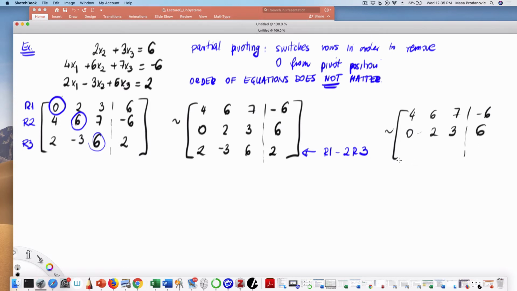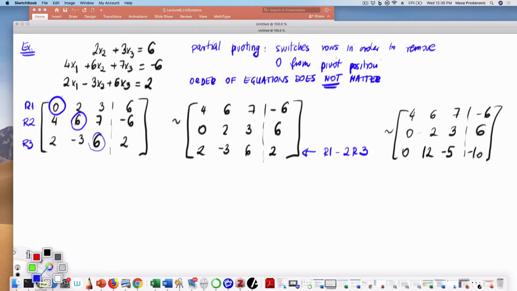Okay. So then I'm going to have 4 minus 2 times 2 is 0. 6 plus 6 is 12. 7 minus 12 is minus 5. And then we have minus 6 minus 4 is minus 10. Okay.